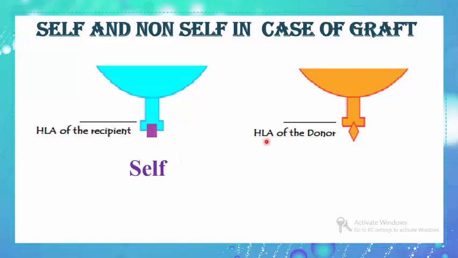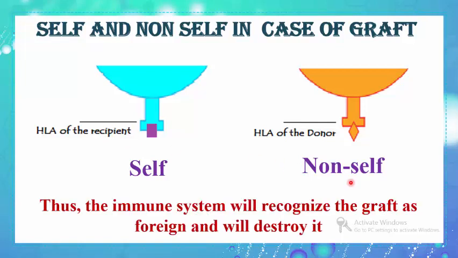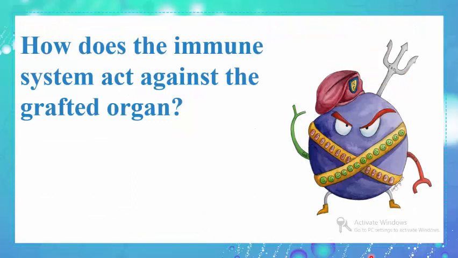However, the HLA molecules of the donor, because they are all totally different than those of the recipient, will be recognized as non-self. And that's why the immune system will recognize the graft as foreign and will destroy it. Now, of course, you are asking yourself, how does the immune system act against the grafted organ?